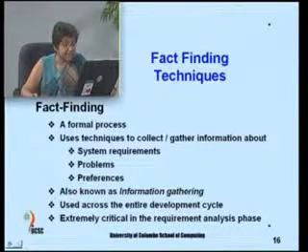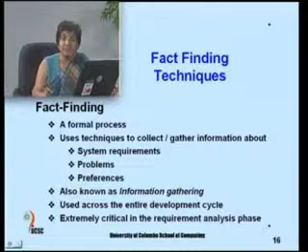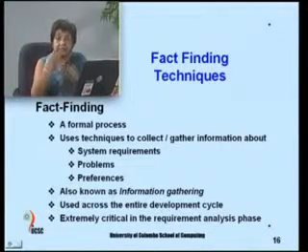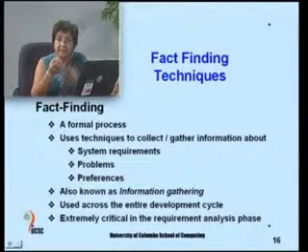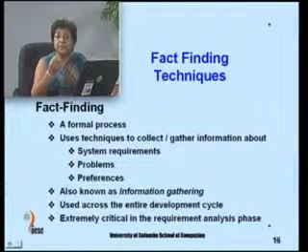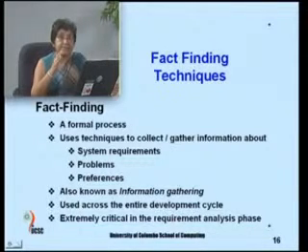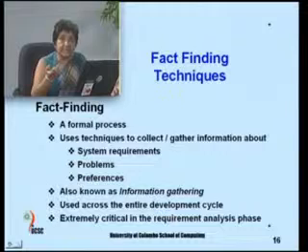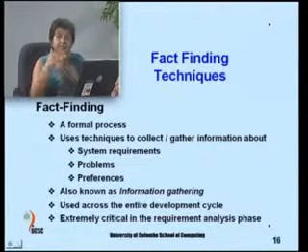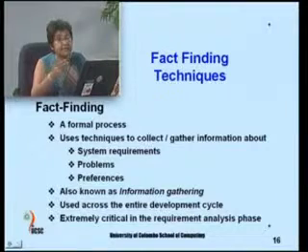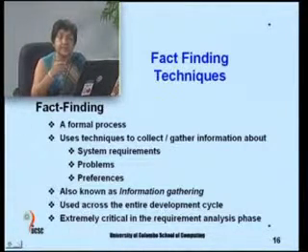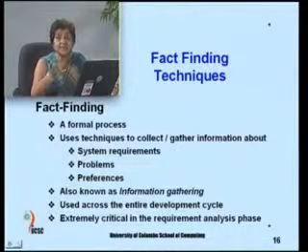Why we say it is extremely critical is because the sooner in the system development life cycle you identify the user requirements accurately, the fewer mistakes you make, because you have spent a lot of time in analysis trying to identify as much as possible the actual user requirements and whether they are technically feasible and so on, rather than going to the design stage and then realizing that you have not understood the user requirements properly, and then you have to make some changes.